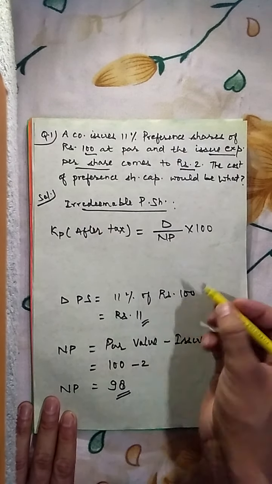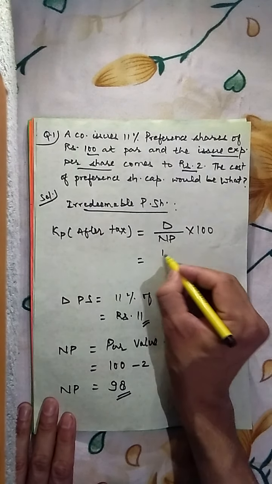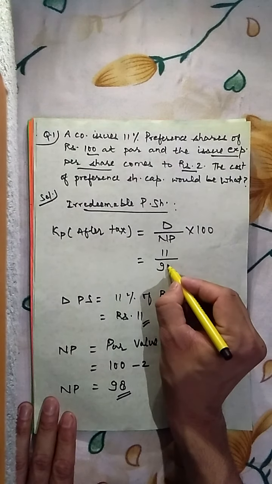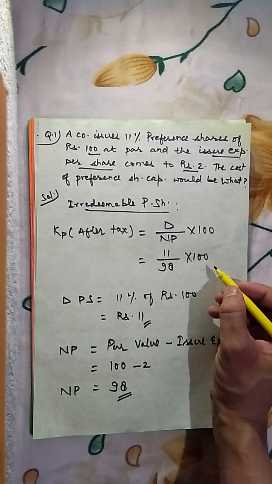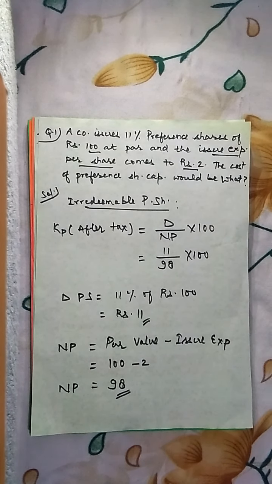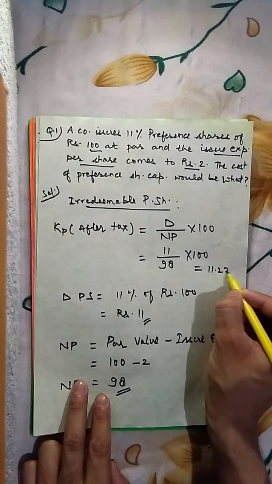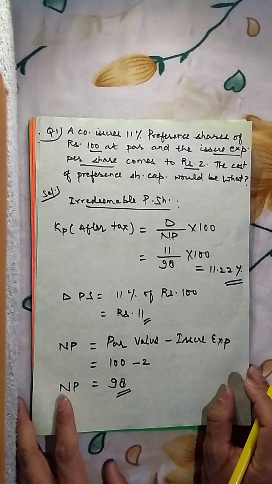So these two values will be put here in the formula, ₹11 at the place of dividend per share and ₹98 at the place of net proceeds into 100. Then after calculating it, we can easily find out the value, and that is 11.22%.